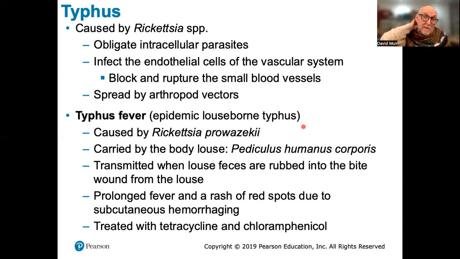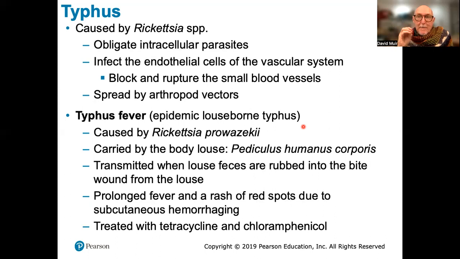Now, the first disease that is particularly important is called typhus. And typhus is not to be confused with typhoid. Typhoid was that gastrointestinal disease caused by salmonella. Typhus is an entirely different disease, and it can be a very serious disease, particularly under certain circumstances.